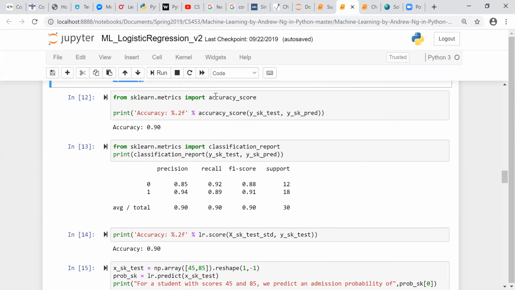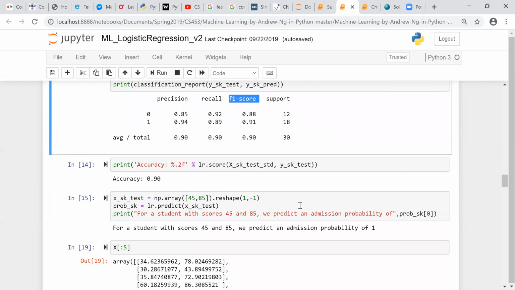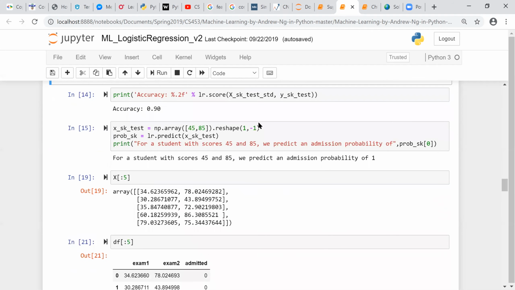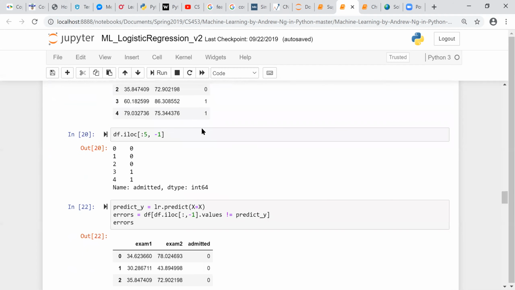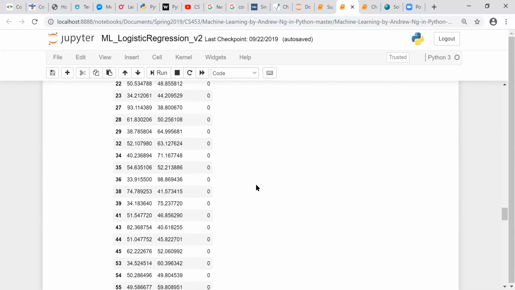You can also get the accuracy score, nothing new here. You can also use the classification report, which gives you precision, recall, and F measure also. So it gives you a full scale of performance, and you can still get the accuracy score. Over here we just did the data standardization.